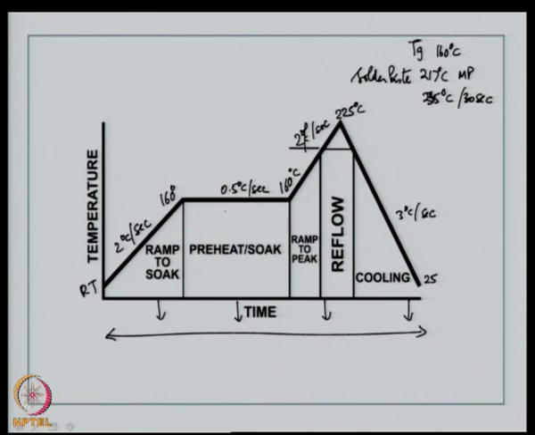Okay. So, from 160 to 180, 190 you can have a quick ramp up, and then from 190 to 225 you can have the reflow ramp up. So, that could be modified. So, you can also consider modifying this zone based on the information that we have.